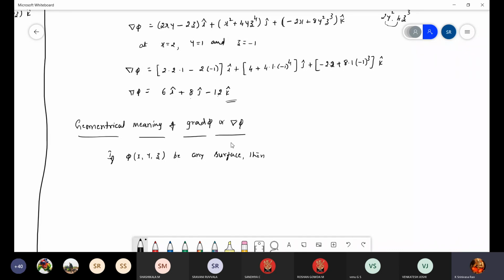grad phi gives the vector normal to the surface, that is grad phi equals vector n.